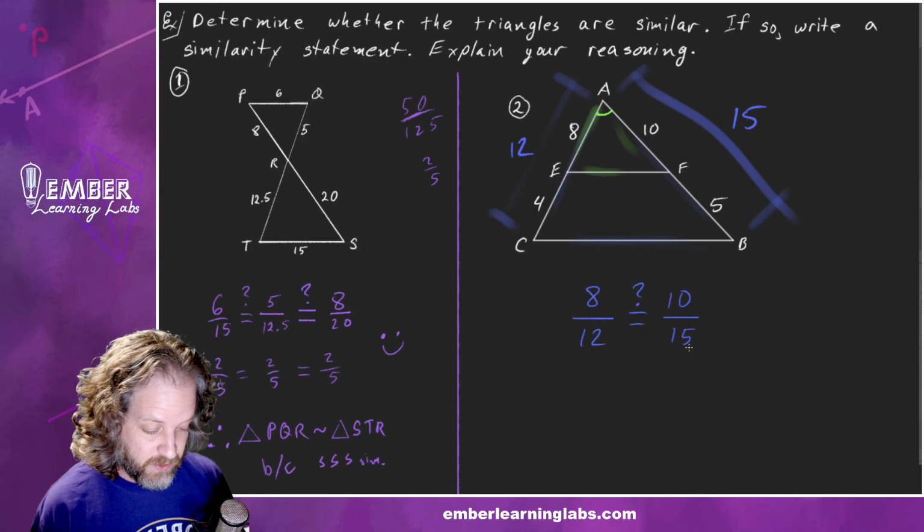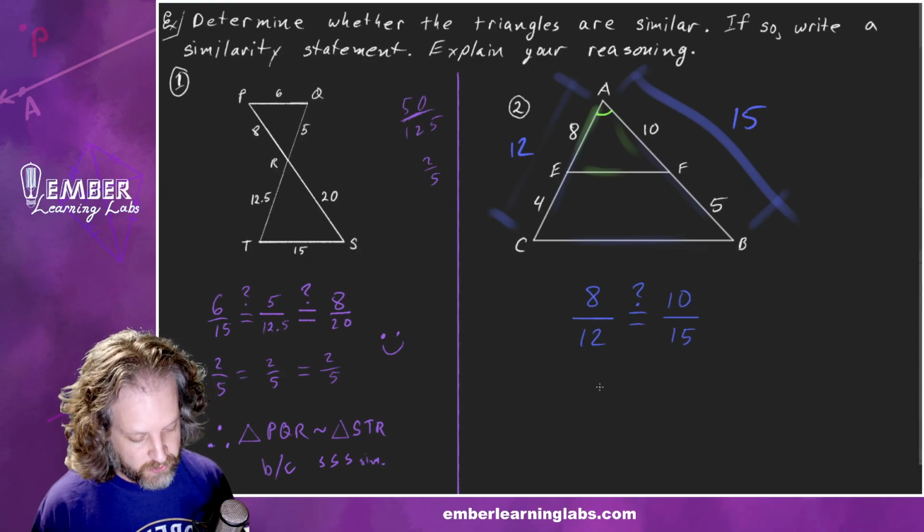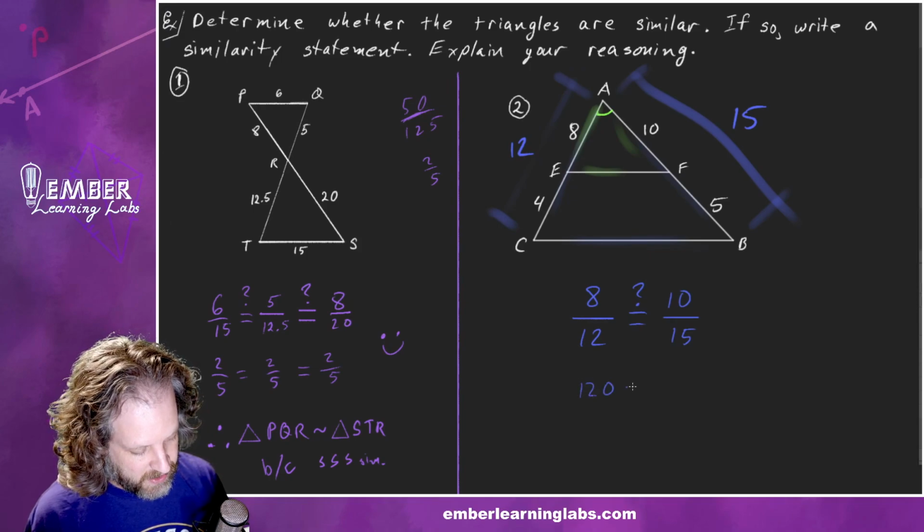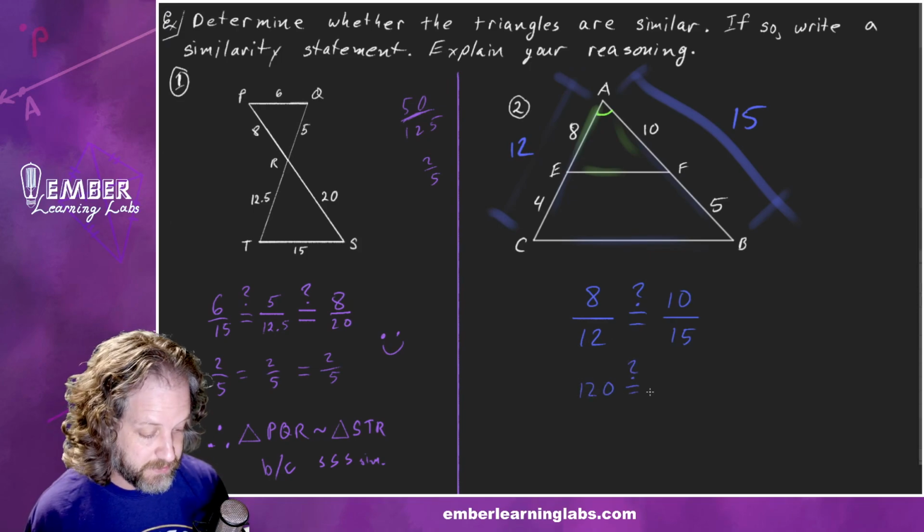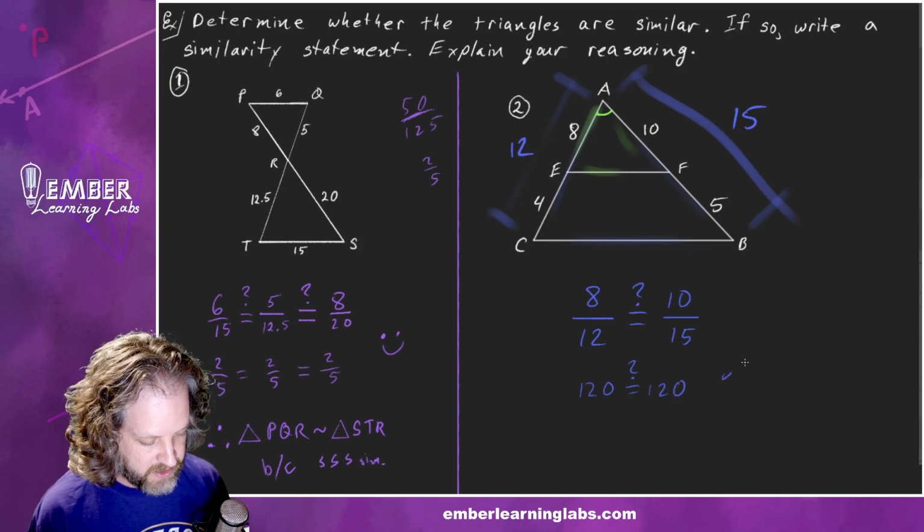So 8 times 15 would be 80 plus 40, so 120. So 120, does that equal 12 times 10? 120. It does work.